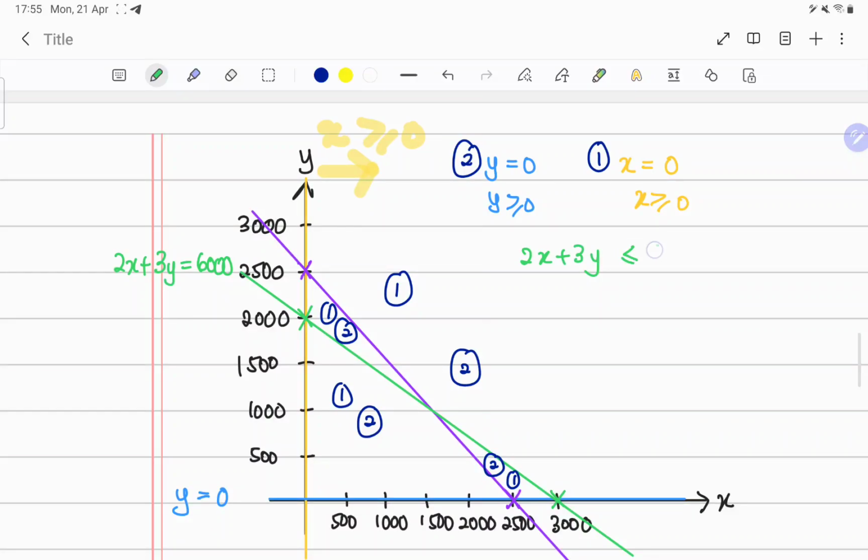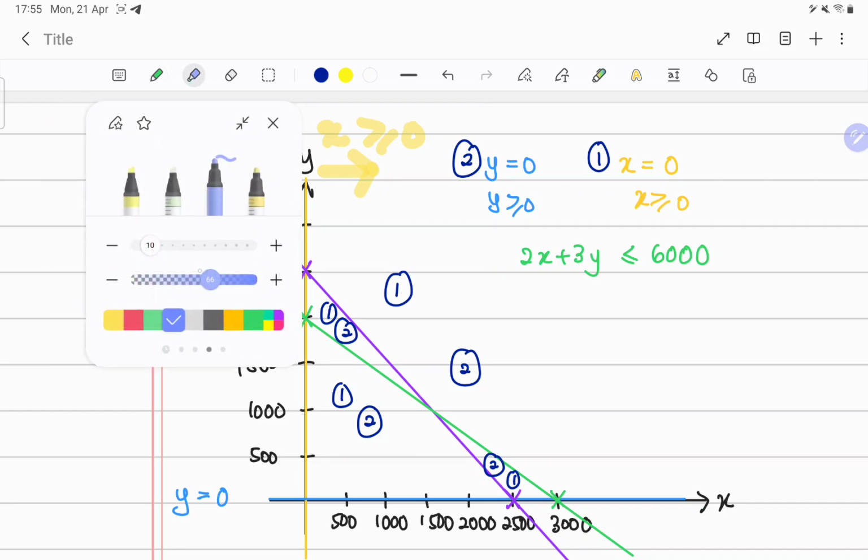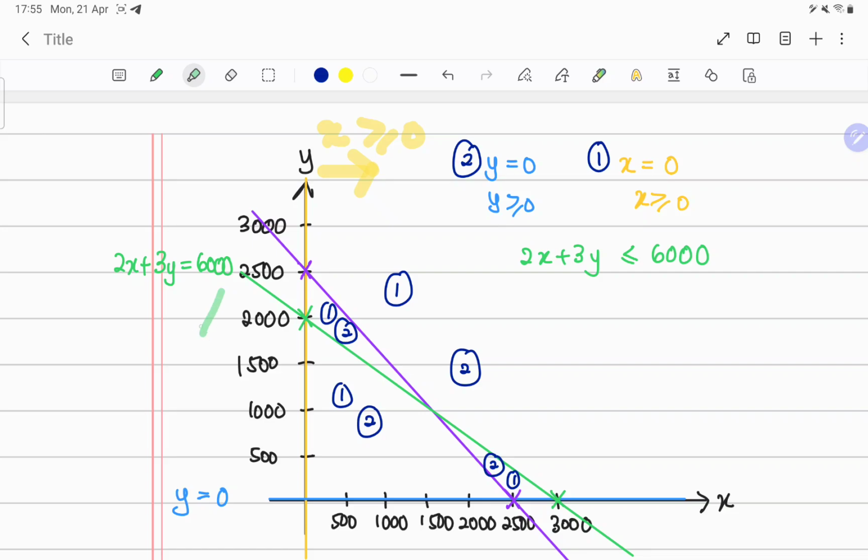So when it is less than or equal to 600, how can we know which part we can draw? We can draw this side or this side. How? We can use a coordinate actually.